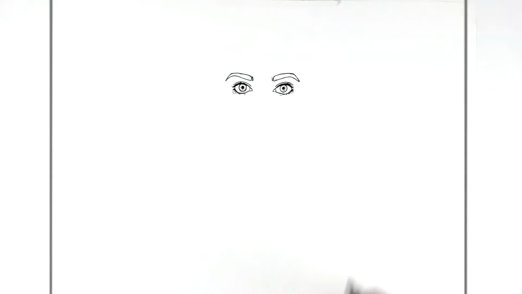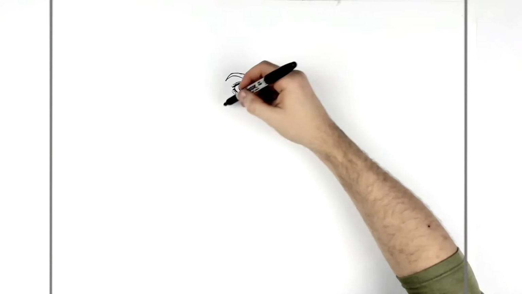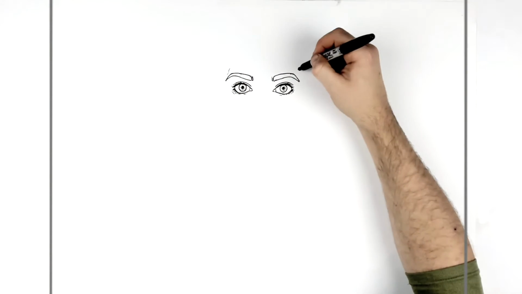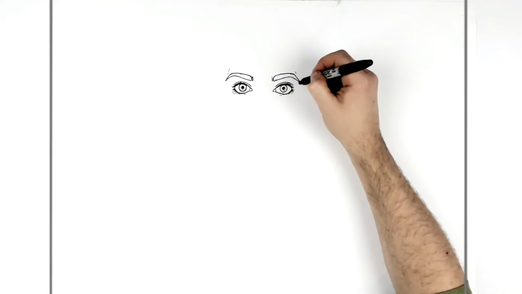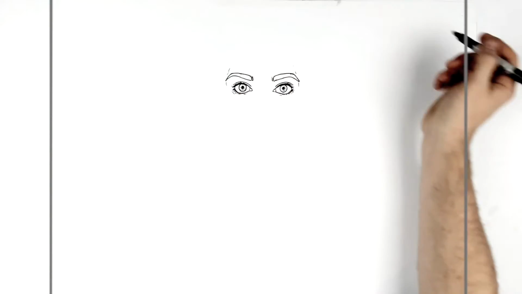Like that, okay? And she could have some lines just coming up her temples, just here at the side. And maybe coming down here.